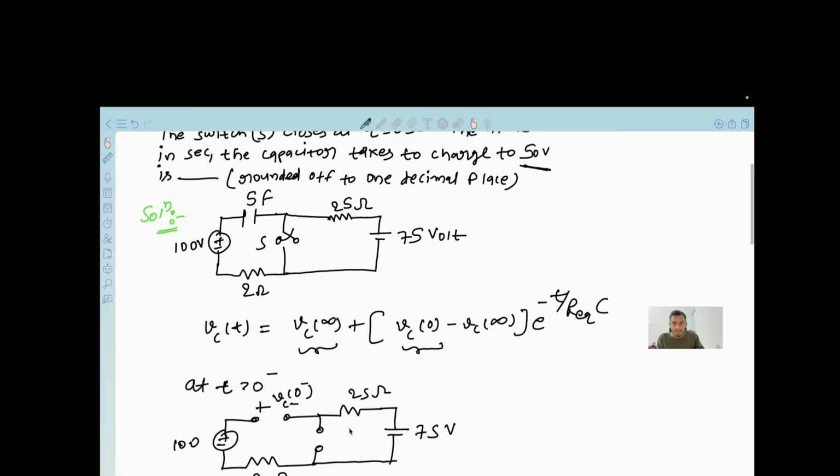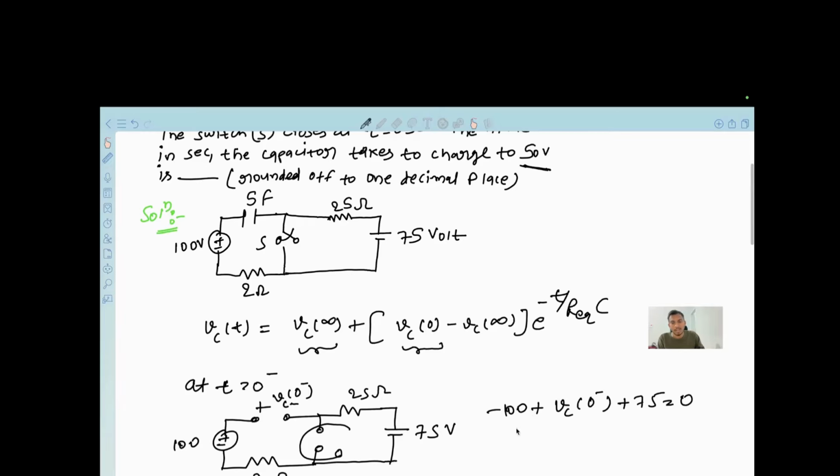By applying KVL in this loop, we can get the Vc0 minus. I will start from here: minus 100 plus Vc0 minus, because there is no current through 25 ohm or 2 ohm, there will be 0 voltage drop, and plus 75, it will be 0.